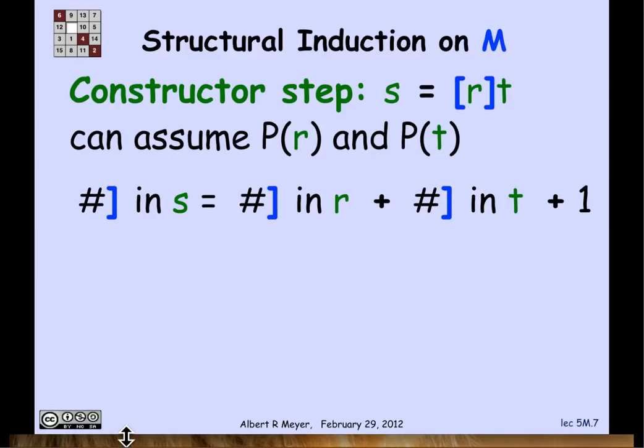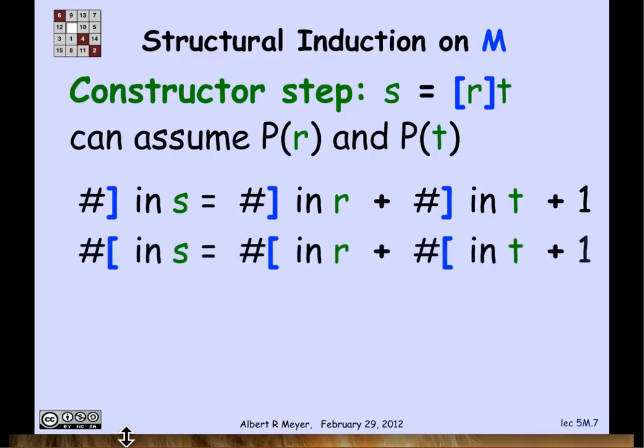Then it's the right brackets in R. And then there is a new right bracket that gets added, and then there are the right brackets in T. So the number of right brackets in S is the sum of the number in R plus the number in T plus one more, because the constructor threw in one more right bracket. By exactly the same reasoning, the number of left brackets in S is the number of left in R, left in T plus 1.